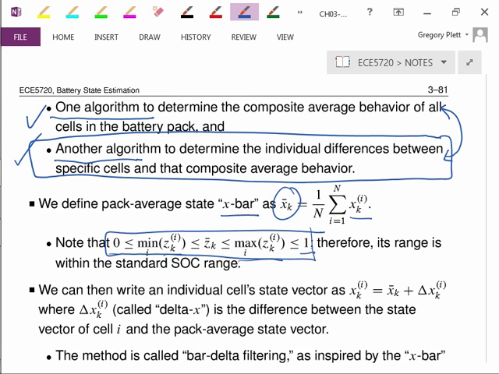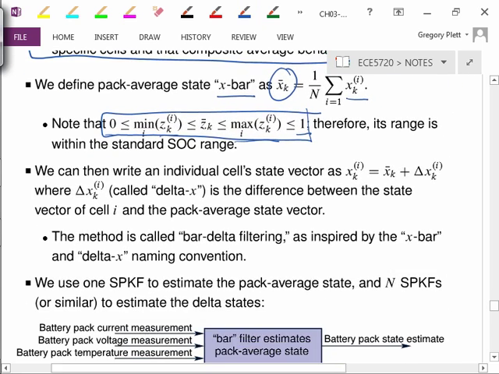So that is a pack average state, which includes a pack average state of charge. Now we can write an individual cell state vector as the state is equal to the pack average state plus an individual deviation away from that average.